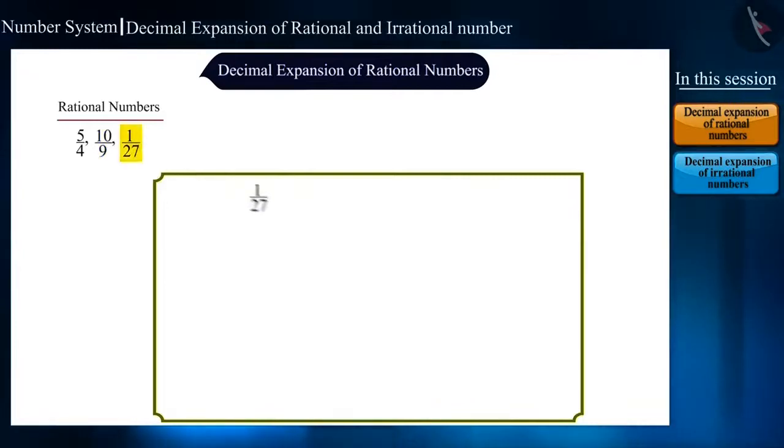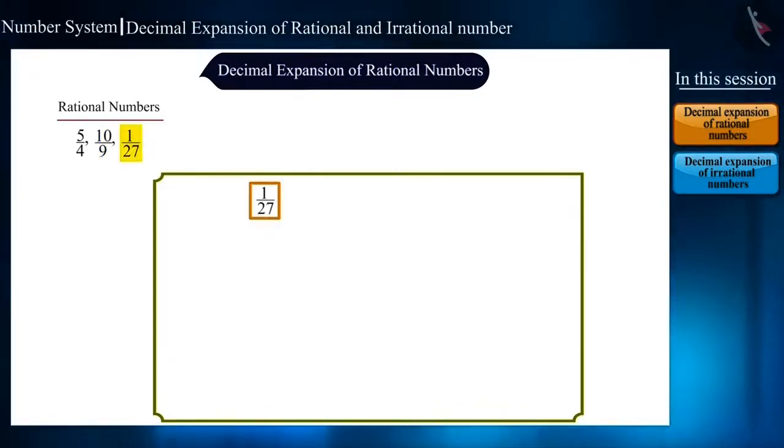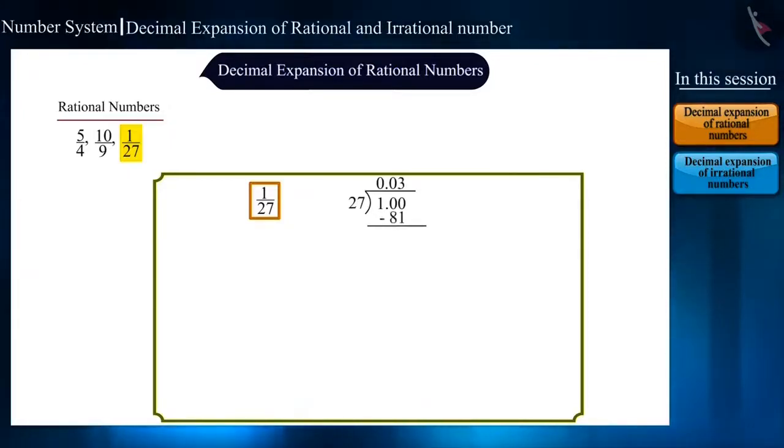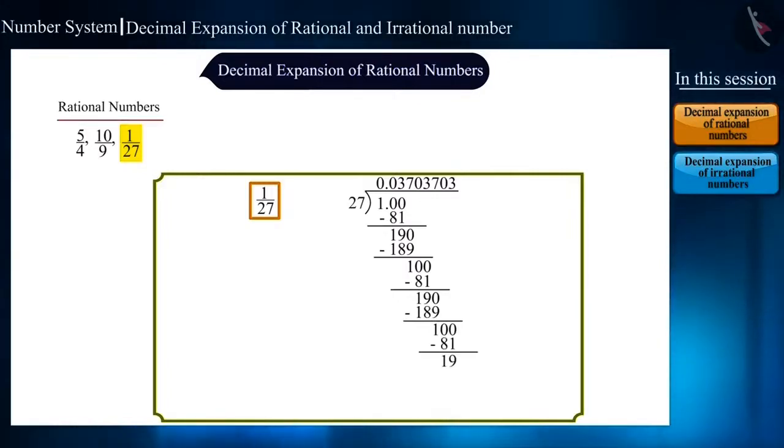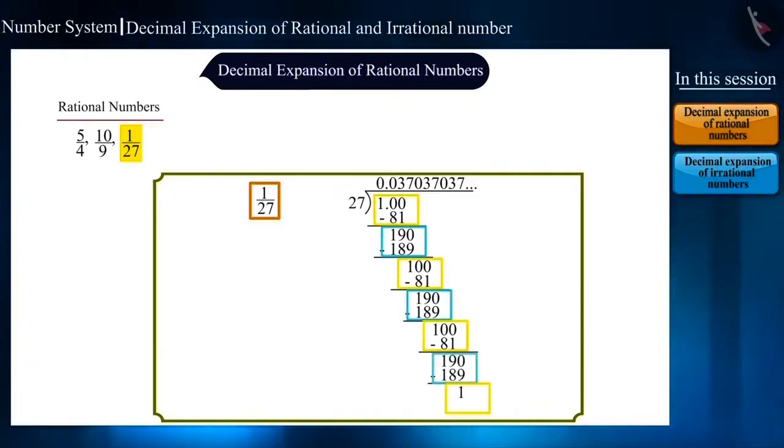If we look at the third example, 1 by 27. Here too, the remainder is not 0. If we look at this division carefully, after the third step, we are getting the same remainder again.